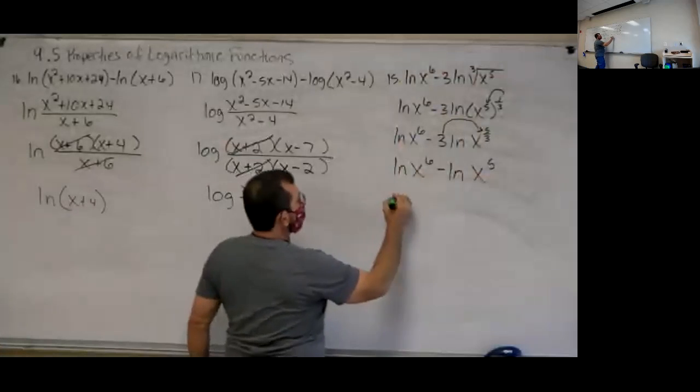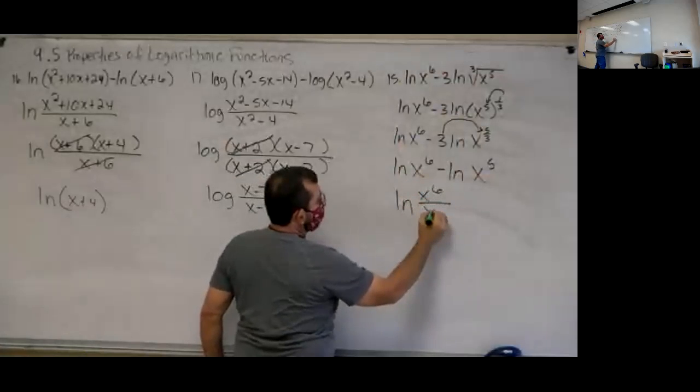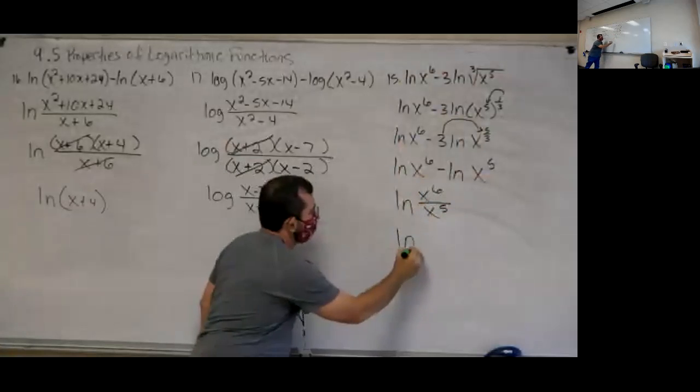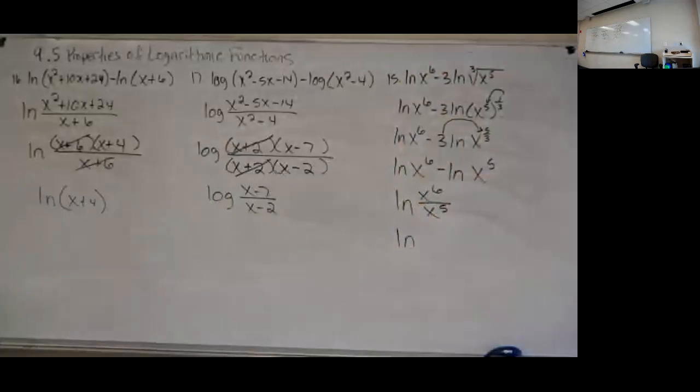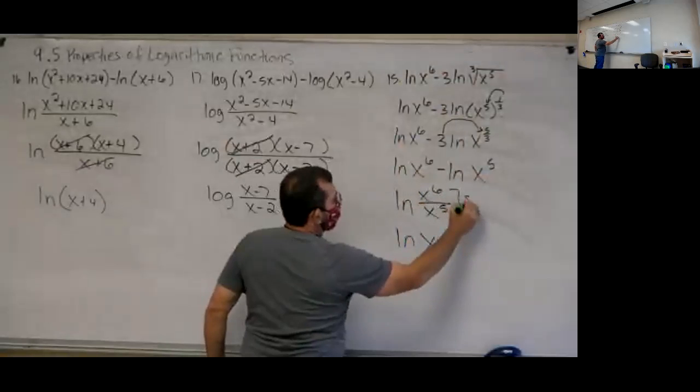So this ln's coming over. X to the 6th is on top over x to the 5th. So what's happening to that x to the 6th divided by x to the 5th? X to the 1. So here all I'm doing is subtracting exponents.